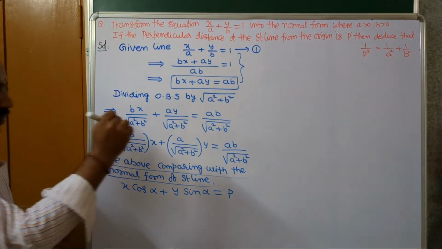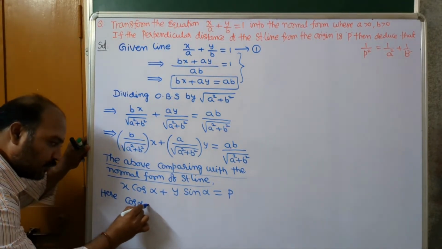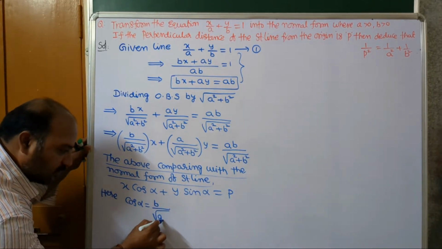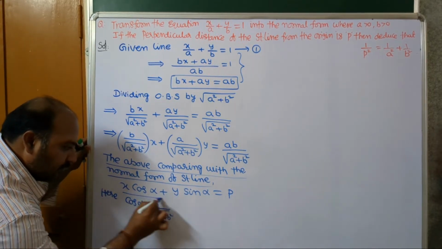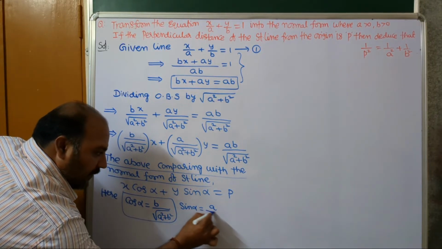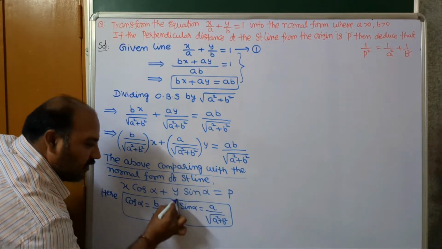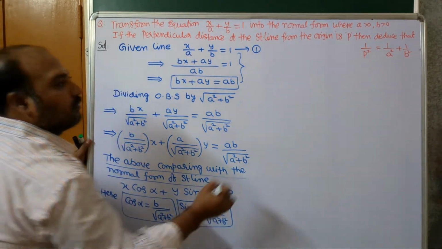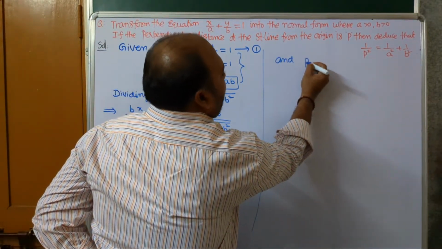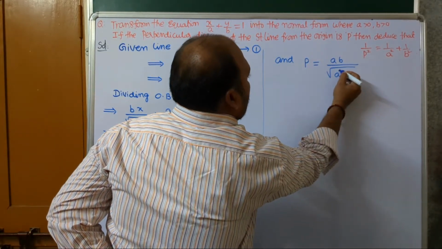What is sin alpha? What is P? Here, cos alpha is equal to b by root of a square plus b square. Next, sin alpha is a by root of a square plus b square. And P is equal to ab by root of a square plus b square.